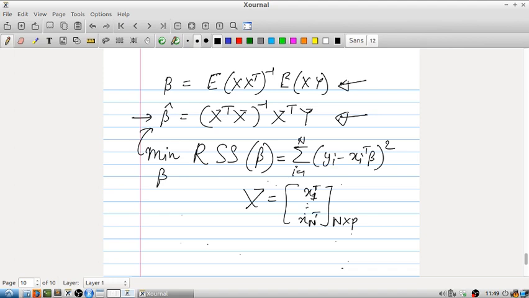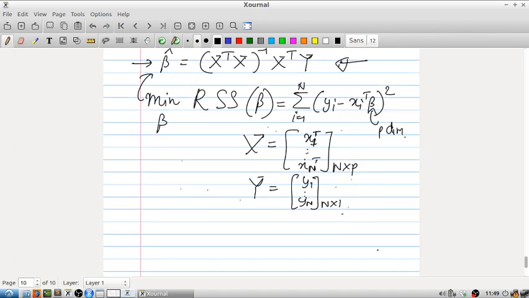Beta was p-dimensional, and the y's were scalars. I also introduced the vector y1 to yn, which is n cross 1. This is fine from the previous class, right?